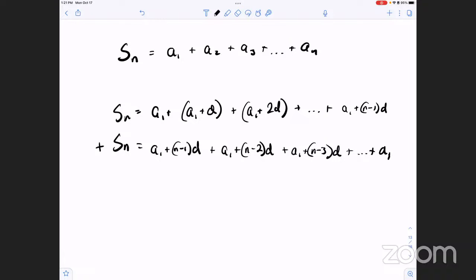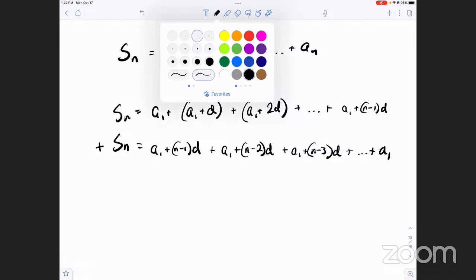A1, AN. How did I do it before? I should have thought about it in advance. I have something a little bit set up incorrectly. Let me think about it. A1 plus AN. Let me scratch this real quick. Give me just a moment.